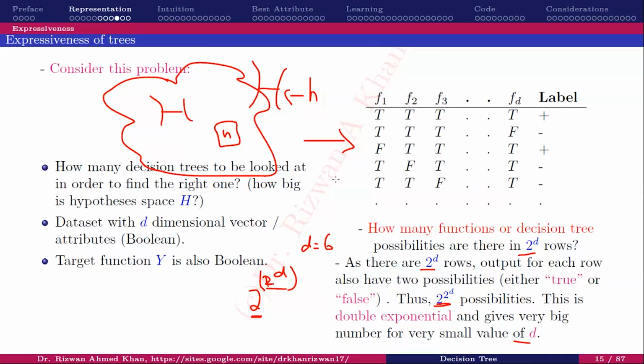So you need a really robust tree inducer algorithm that finds the best h from among these billions and billions of possibilities of trees. Just by changing one bit, we'll have a different tree, right? So this space is very expressive.